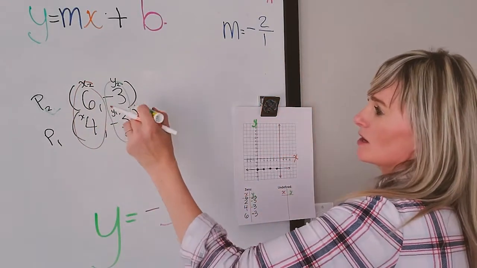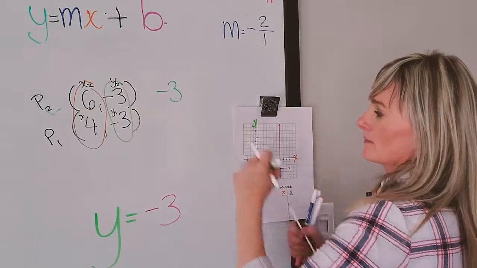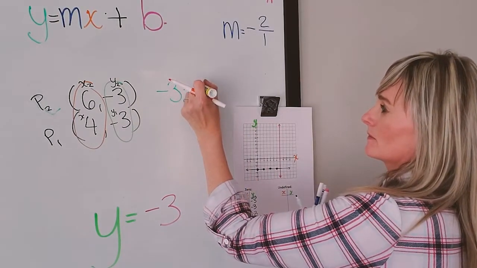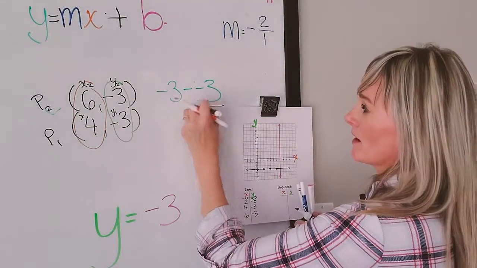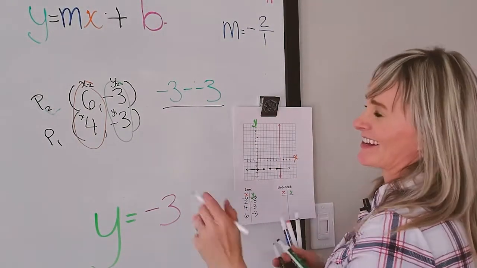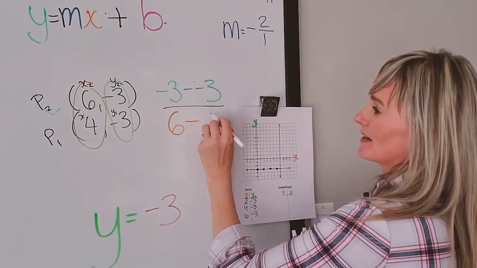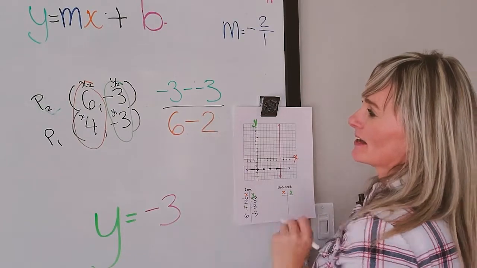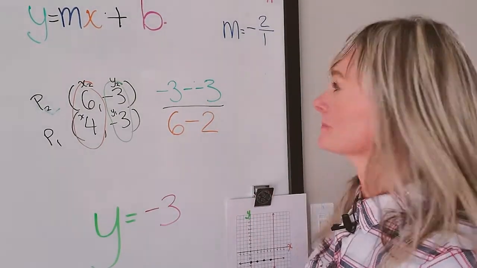So let's take y2 minus y1, over our change in x, which is going to be x2 minus x1. So what does our slope end up being?